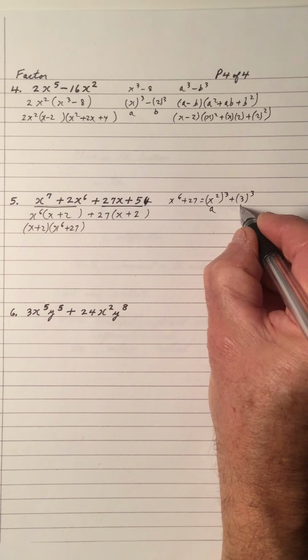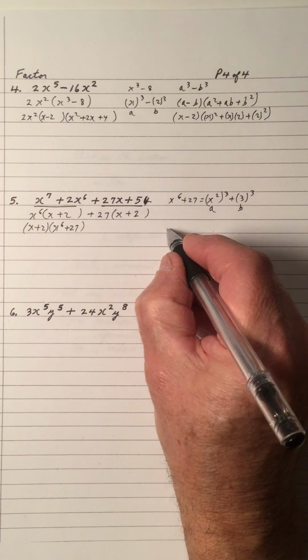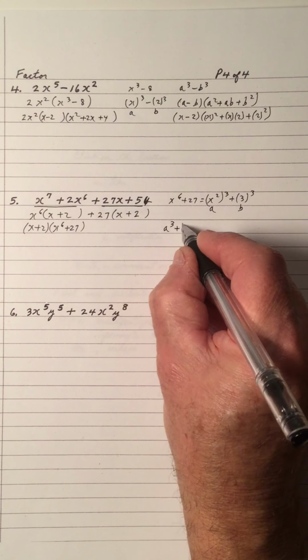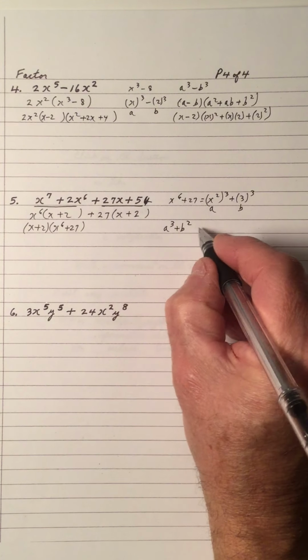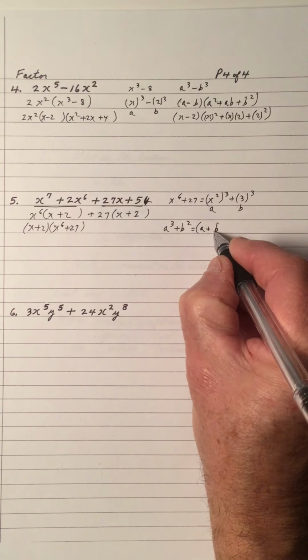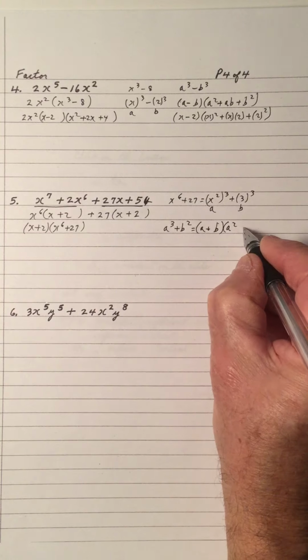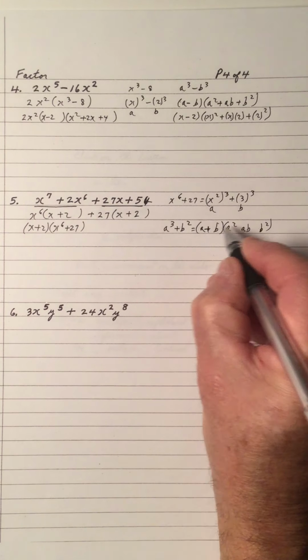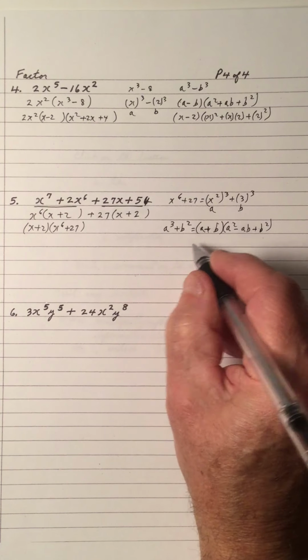So that's the A and that's the B. So this is A cubed plus B cubed, and so the pattern is A plus B, A squared, AB, B squared. So that's a plus, that's a minus, and that's a plus.